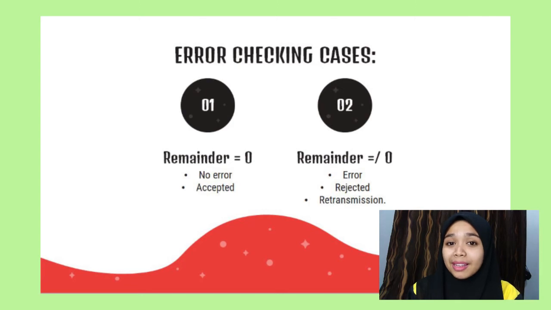If the remainder is equal to 0, that means no error is detected and the data is accepted. But if the remainder is not equal to 0, that means there was an error during the transmission and it needs to be retransmitted. So this is how we can detect errors by the CRC.